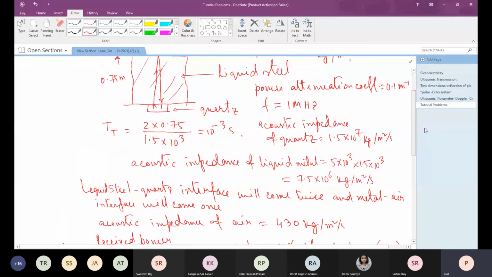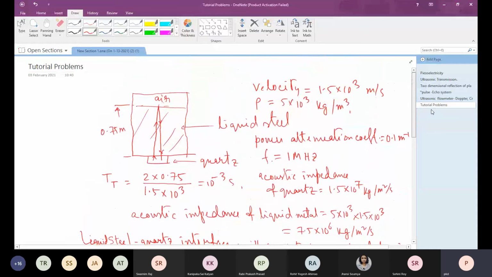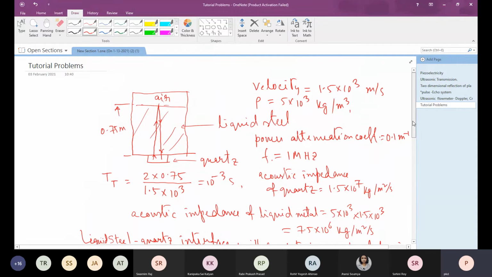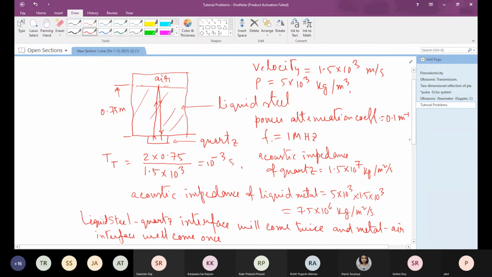Acoustic impedance we have computed correctly, rho into C, 7.5 into 10 to the power 6.